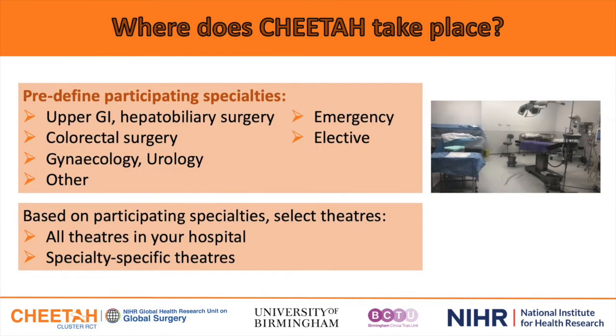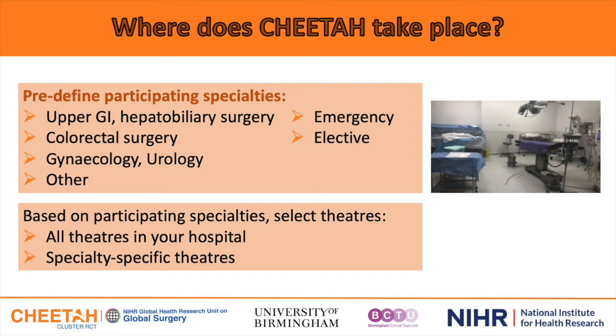Because CHEETAH is a cluster randomized controlled trial, in order to reduce bias, we need to make sure that consecutive patients are entered into the trial. This means that every patient who meets the inclusion criteria should be included in the theatres taking part in the trial.